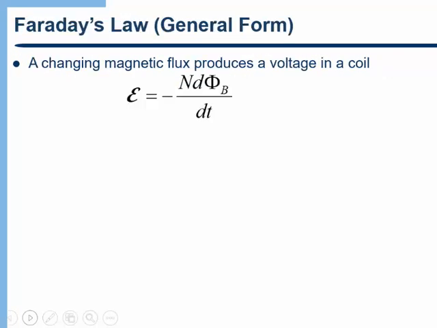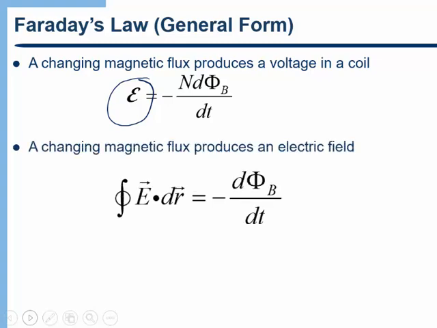The last thing that I wanted to mention here, because we're going to pick up on it in our last online class for the course, is that there is a way to write Faraday's law in a more general way. Remember that when we talked about electric potential difference or voltage or EMF, we know that that's related to the underlying electric field. And so I can replace the voltage there with E dot dr, as we talked about back in our chapter on electric potential.